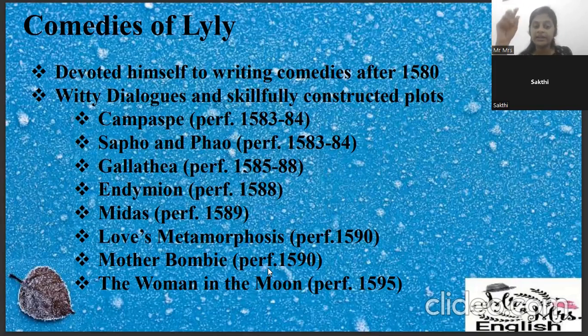So euphuistic style, but The Woman in the Moon was an exception. It was written in blank verse. He didn't employ the euphuistic style in this particular play. And these are the comedies of Lily.